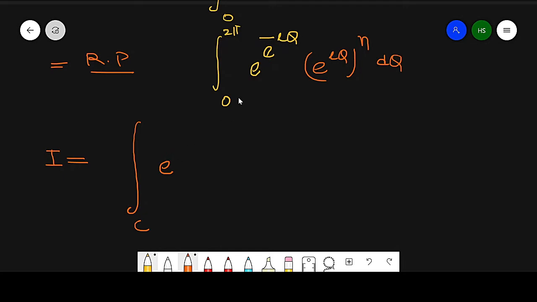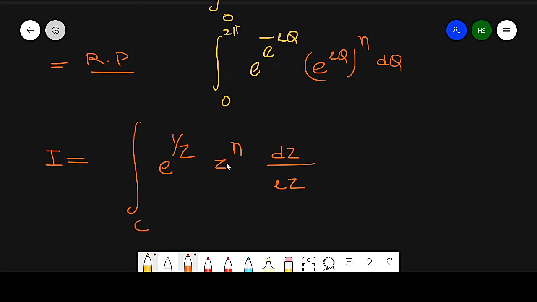If e raised to power iota theta is z, this is e raised to power 1 by z. I write it this way, and this is z raised to power n. And what is d theta? d theta is dz over iota z. This is my way to express it in this form.